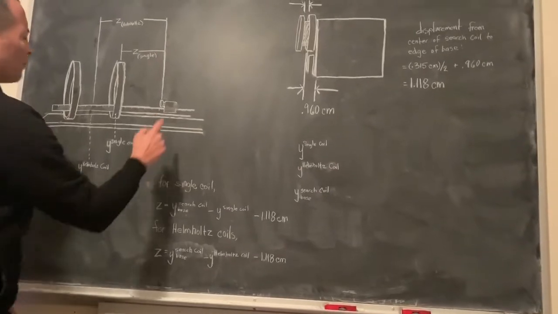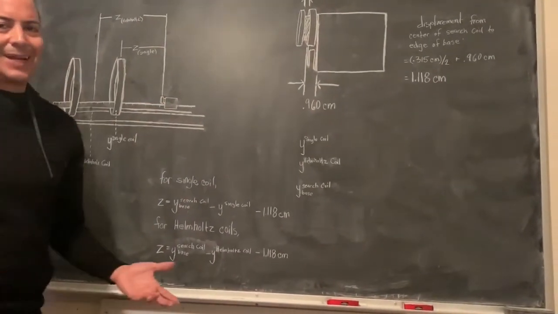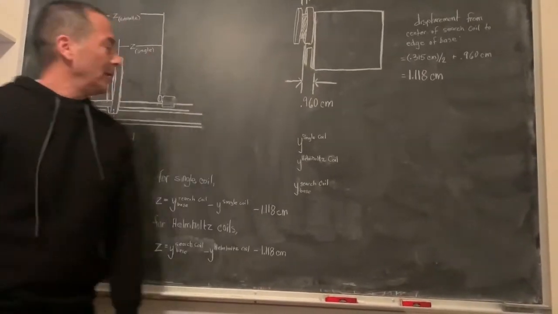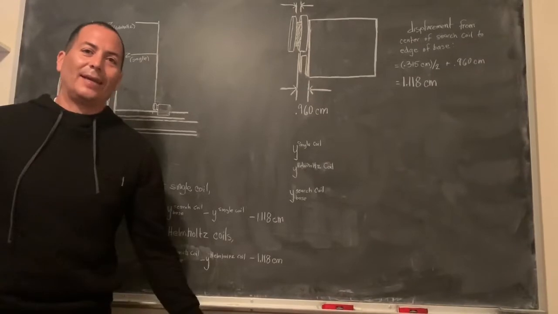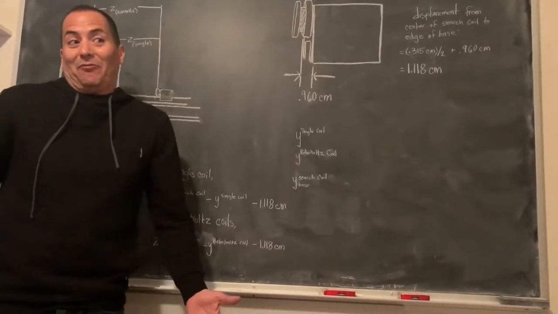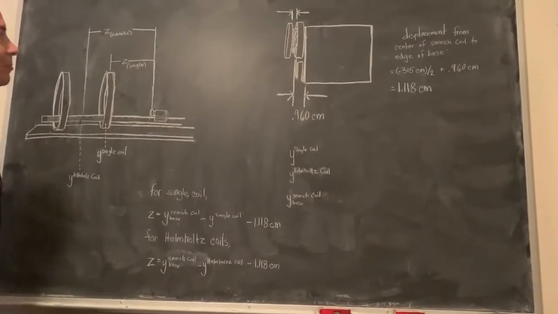Now, to record where the center of that search coil is, I suppose we could just eyeball it. But I don't know, I think maybe I have OCD or something. I can't do that. A fine line between OCD and good lab practices, I guess. I have to be a little bit more rigorous.